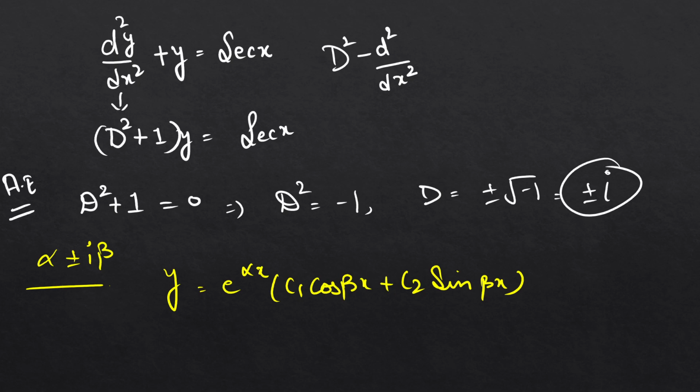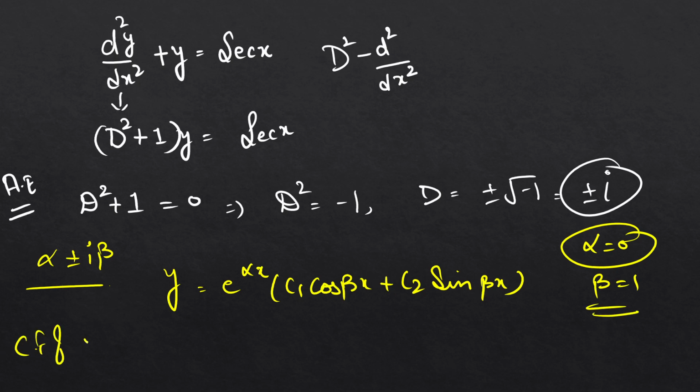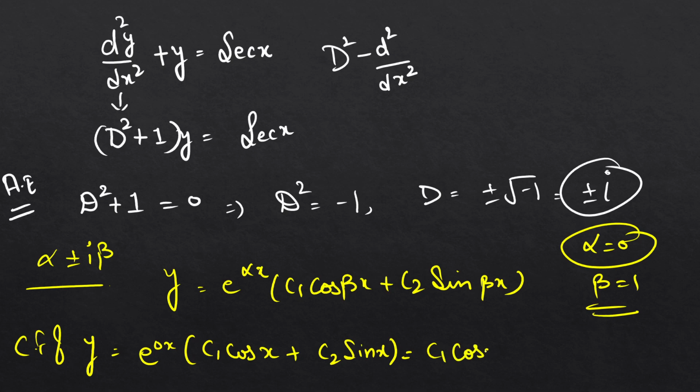Now we can easily compare these two equations. In this case, alpha is equal to 0 and beta is equal to 1. So how can we write it down? Complementary function of y is e raised to power alpha x, alpha is 0, into c1 cos beta x, means cos x, plus c2 sin x. So again e raised to 0 is 1. You will get c1 cos x plus c2 sin x.